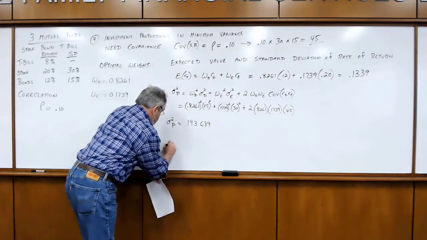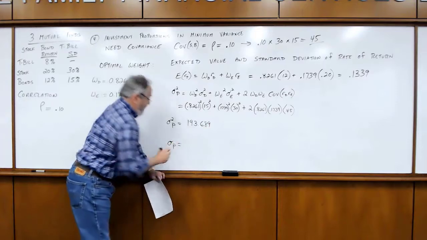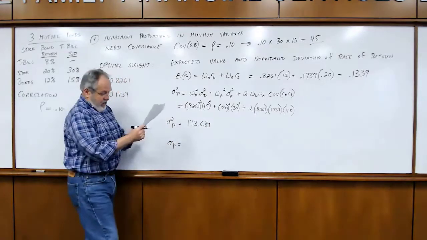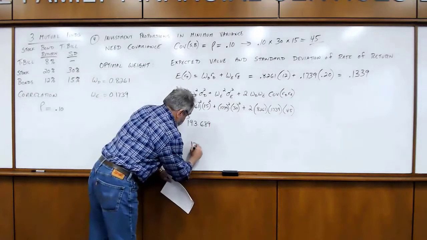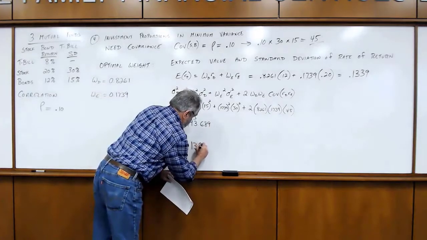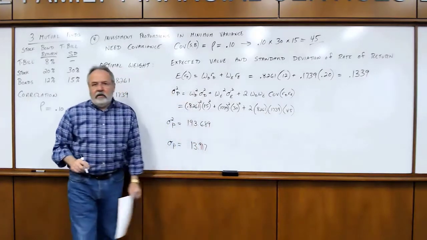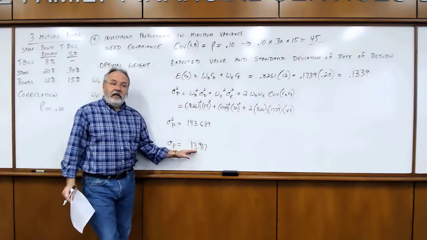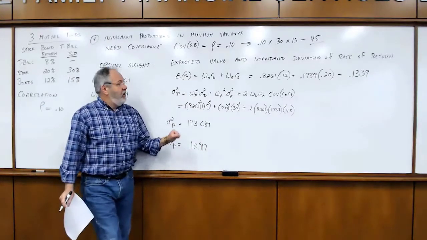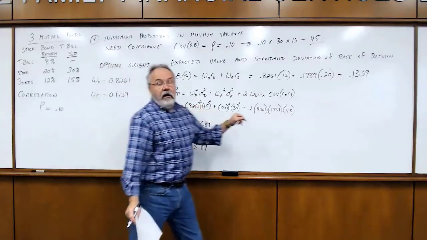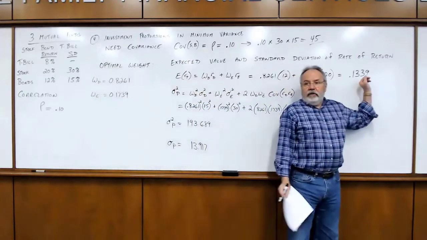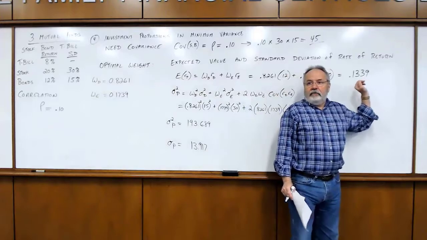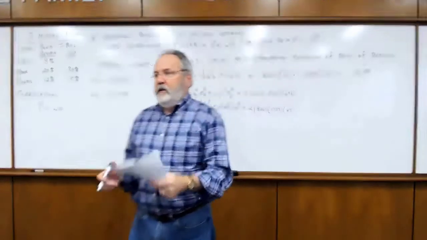Square root of this, sigma of the portfolio, is simply the square root of that, 13.917. Okay, so there's 13.917% standard deviation in your optimal portfolio and a 13.39% return. Okay?